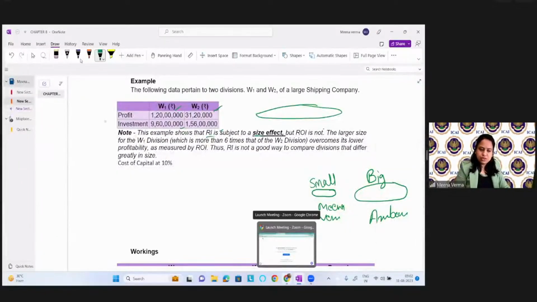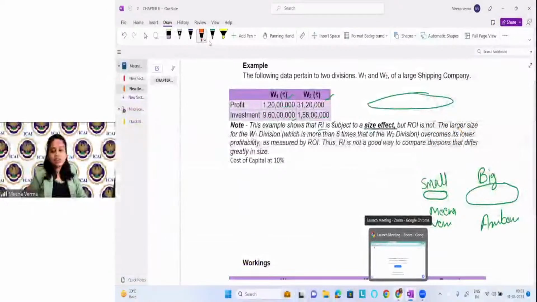The profit which Meena Verma from a small business will earn and the profit which Ambani will earn will be different, right?